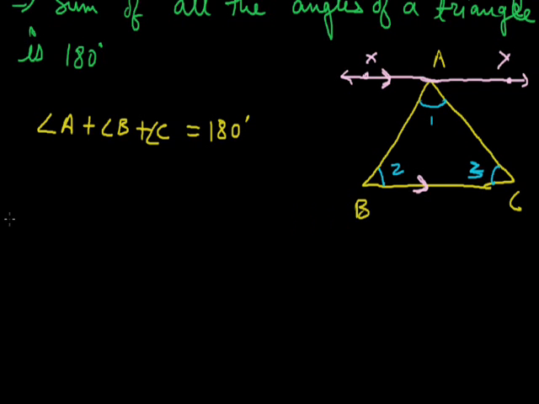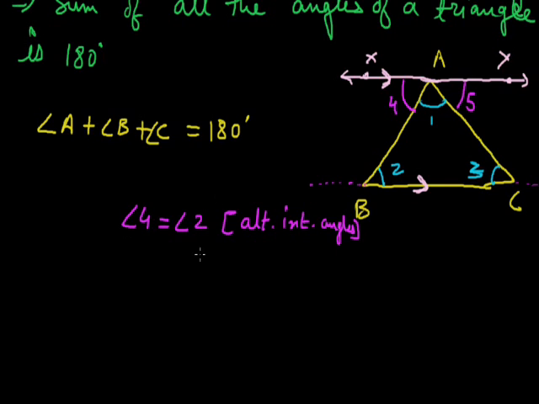Now you can see that angle 4 is equal to angle 2, since these two lines are parallel and AB is the transversal, so angle 4 and angle 2 are alternate interior angles.